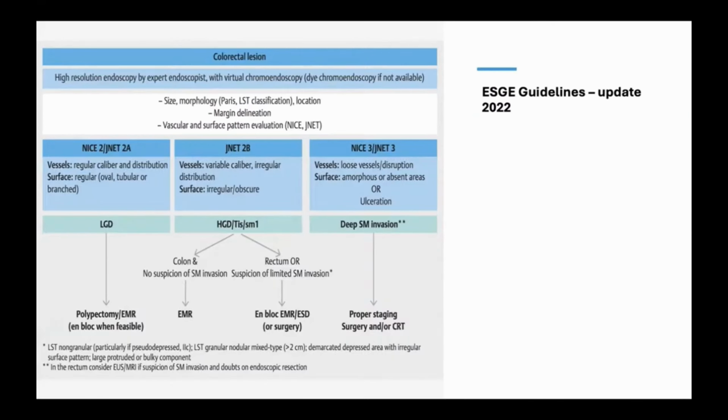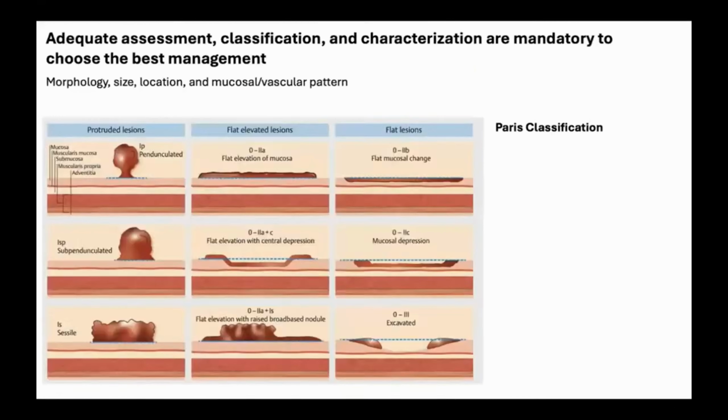NICE 3 or JNET 3, so deep submucosal invasion, should be removed by surgery after proper staging, plus or minus chemoradiotherapy.